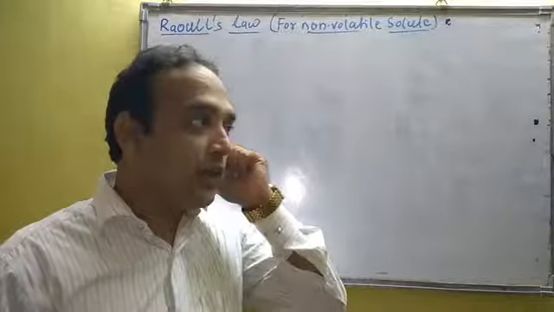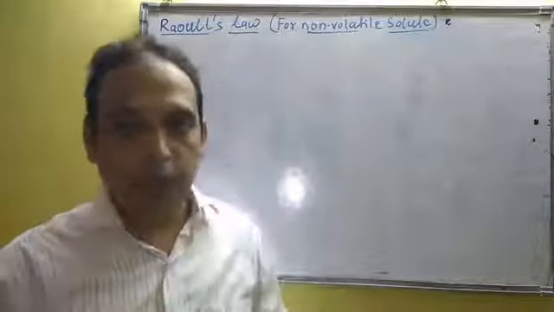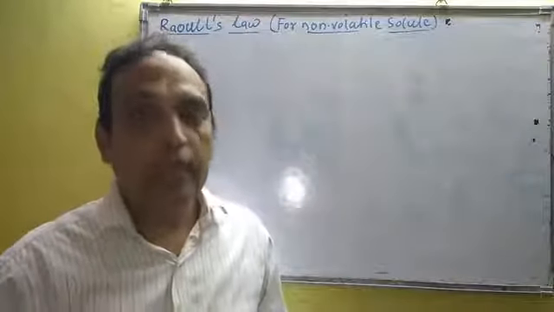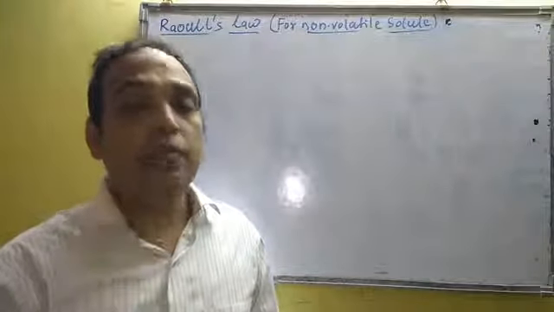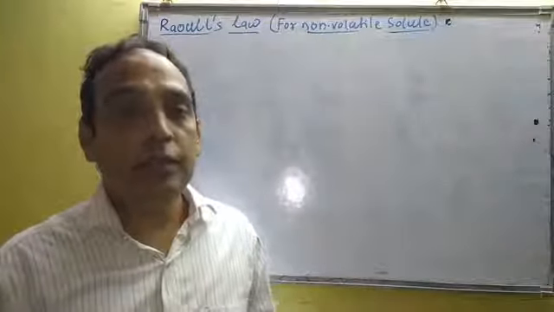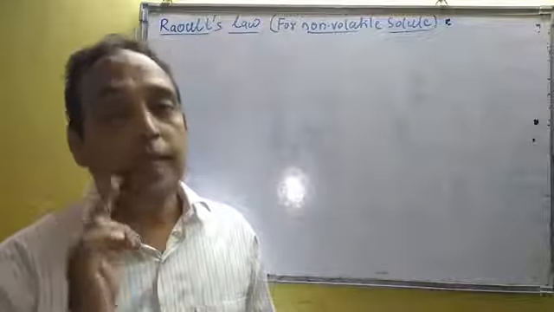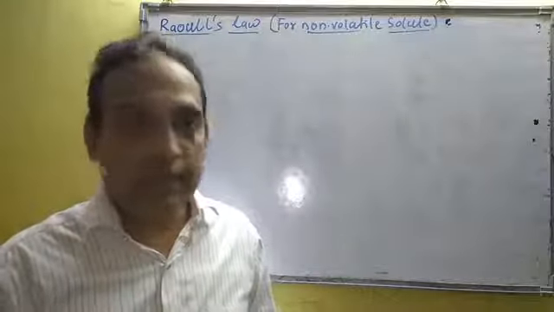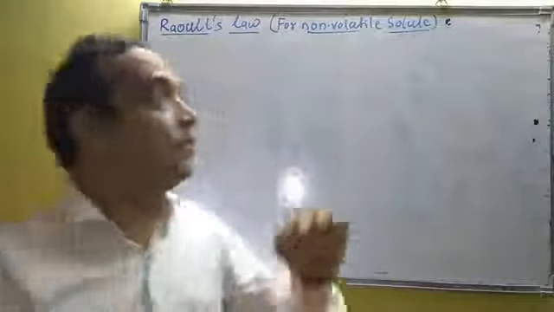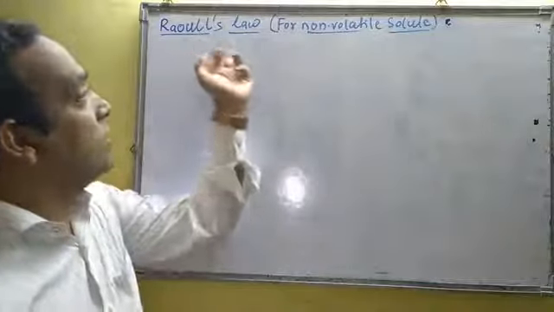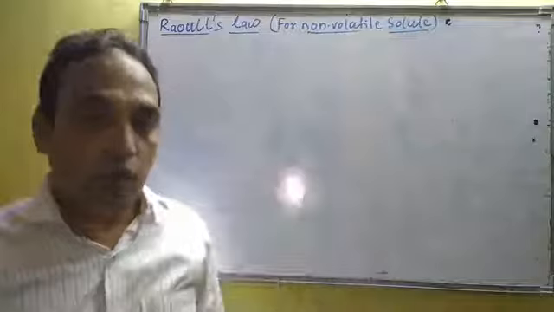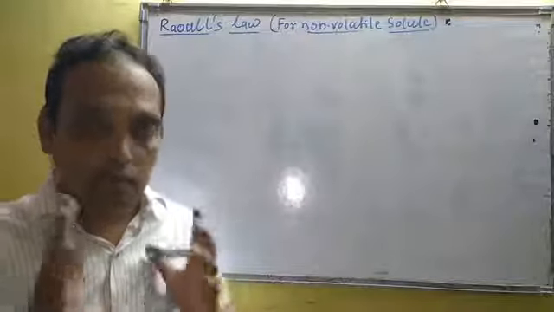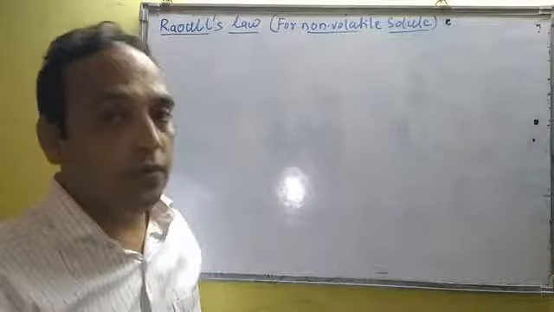The first colligative property we have discussed is relative lowering in vapor pressure. Raoult's law for binary solution we have already discussed. Now, in today's lecture, we are going to discuss Raoult's law for non-volatile solute.